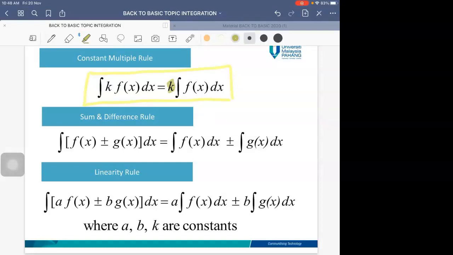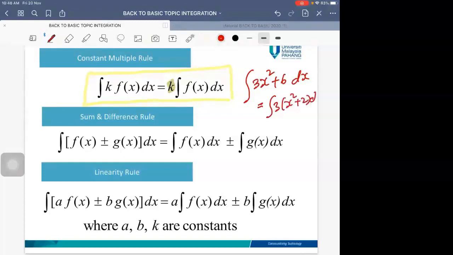For example, you have integrate 3x squared plus 6 dx. I can also write this as integrate 3 times x squared plus 2 dx. Then I bring the 3 outside, so I have 3 outside here and then integrate x squared plus 2 dx.